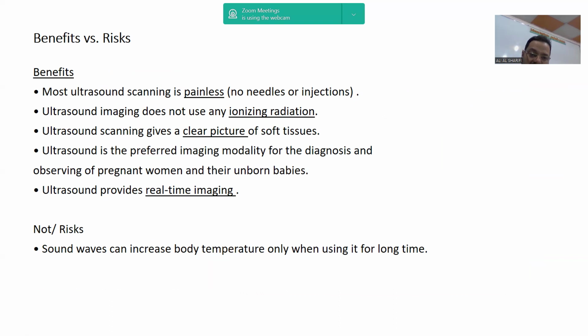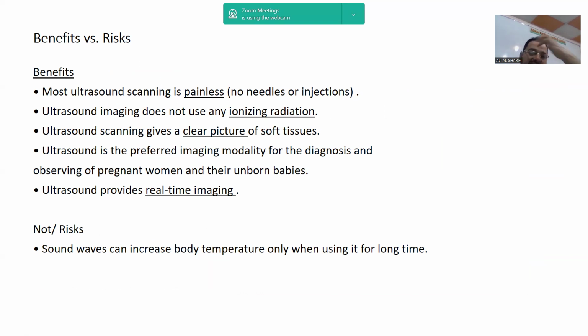Most ultrasound scanning is painless. Why? Because we don't use any needles or injections. Ultrasound imaging doesn't use any ionizing radiation. That means it's safer than X-ray.